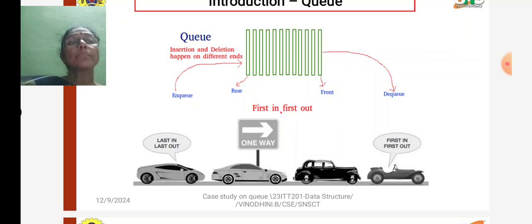In a priority queue, the priority may be ascending or descending. For example, with ascending, number 1 is the highest priority. With descending, the highest number has the highest priority.